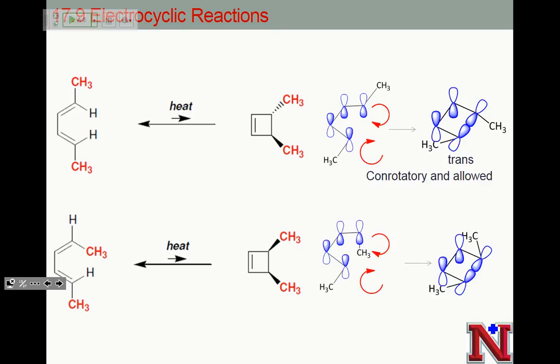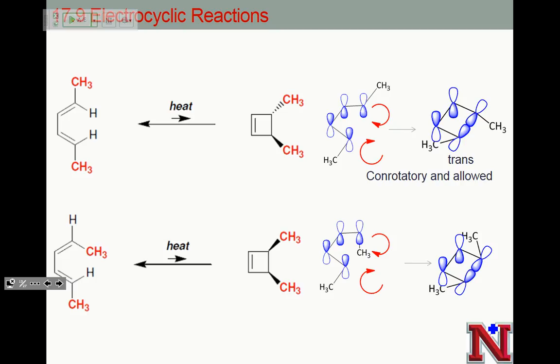Whereas for this one, again, we're still turning conrotatory, but the difference is where the CH3 groups were originally connected. Remember, we do not have free rotation around this bond. So when we actually have the reaction occur, here we're going to get cis because this one started pointing down. So when we turn it clockwise, it's going to be up.